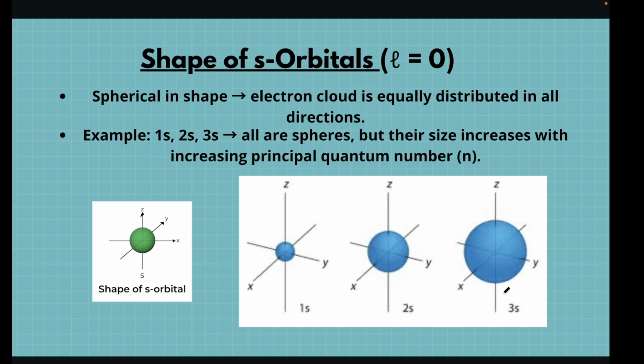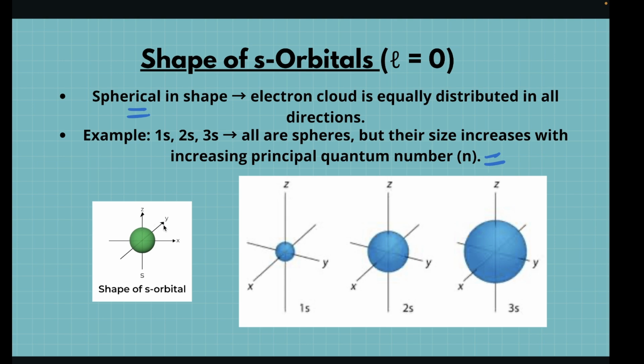So let's start with the s orbital, for which the value of l is 0. The s orbital is spherical in shape, in which the electron cloud is equally distributed in all directions, but its size increases with increasing principal quantum number n.